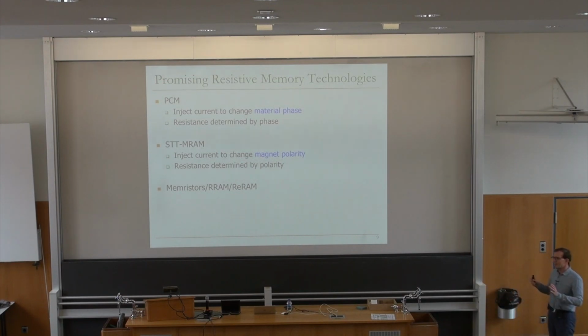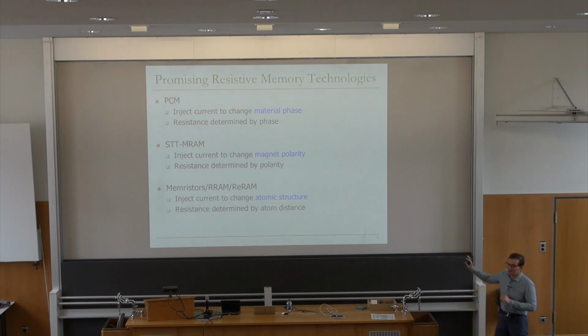Memristors, RRAM, ReRAM, these actually, I categorize them together. There are slight differences between them, but that's okay. We're not going to go into a lot of detail over here because I know these the least. Even though I know these the least, I always figure out that I don't know enough about these new technologies, so that's always good to keep in mind.